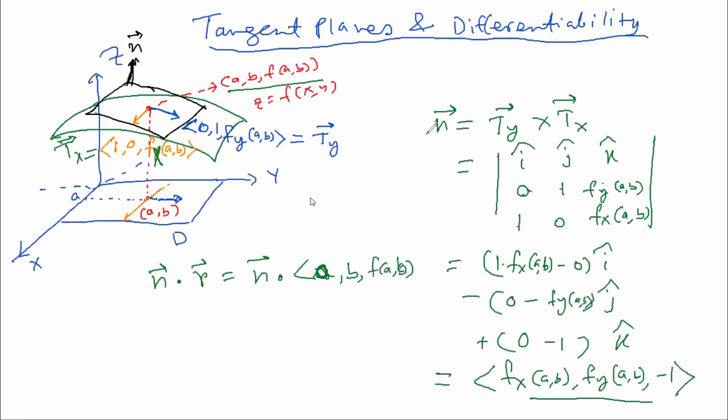You can say f of a, b is c if you want to. If this point is a, b, c, I can just rewrite this as c. This is the point, and the normal vector is here, so I'm just writing it without the a, b.